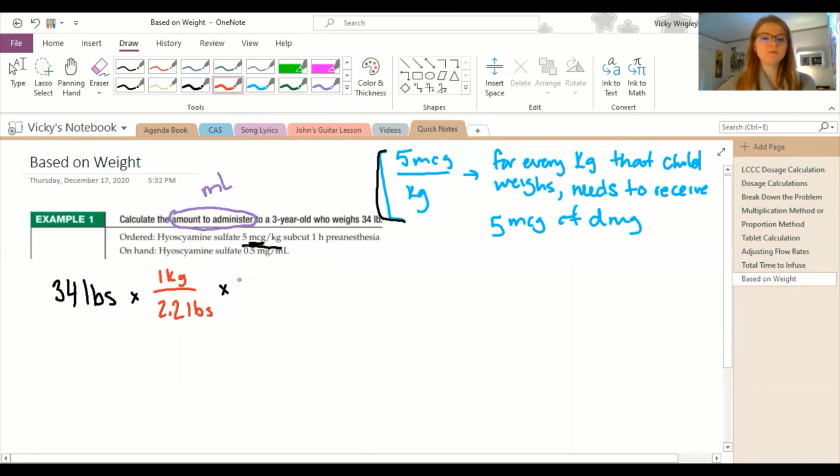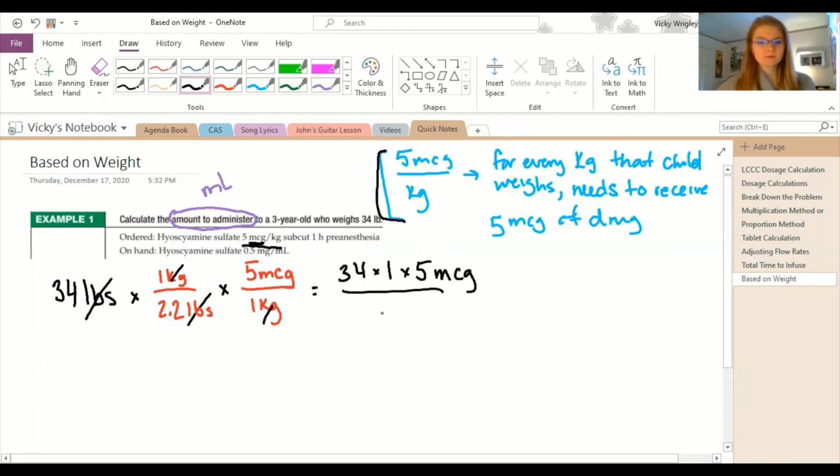The pounds will cancel. And then we will multiply by this conversion factor here, the one that it gives us in the order. 5 micrograms for every kilogram. The pounds cancel. The kilograms cancel. And we'll be left with 34 times 1 times 5 micrograms on the top over 2.2 times 1 on the bottom.